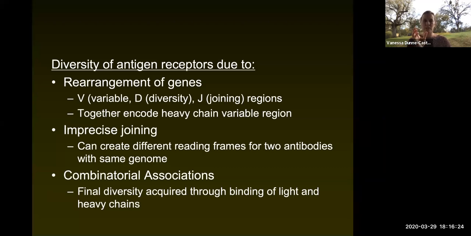So by imprecisely joining that joining region, where the variable region is joined to the constant region, or where each of these gene segments are joined together, with imprecise joining where a nucleotide is taken out or 2 nucleotides are taken out, it shifts that reading frame so that the polypeptide sequence is slightly different.